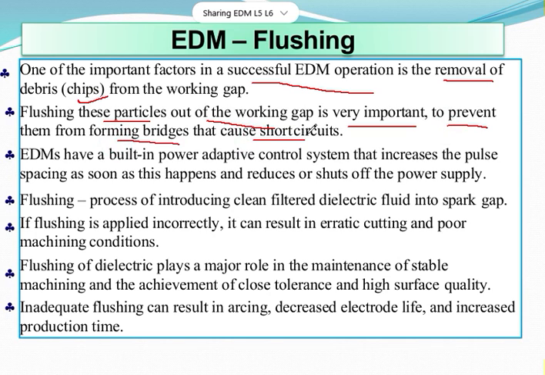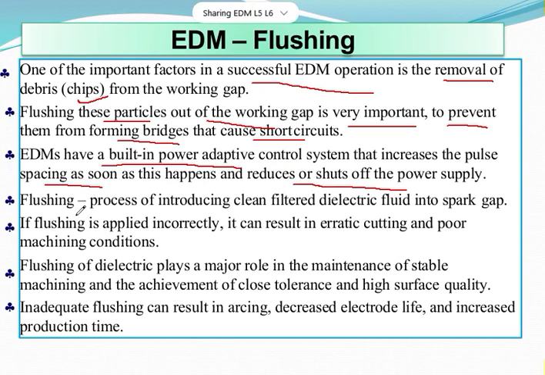From here you can see that EDM has a built-in power additive control that increases the pulse spacing. As soon as this happens, it reduces or shuts off the power supply too.